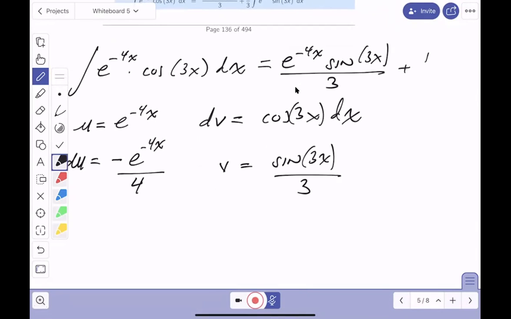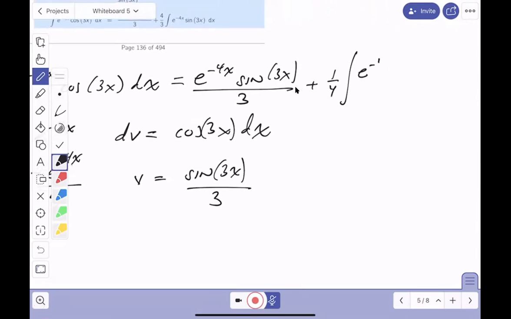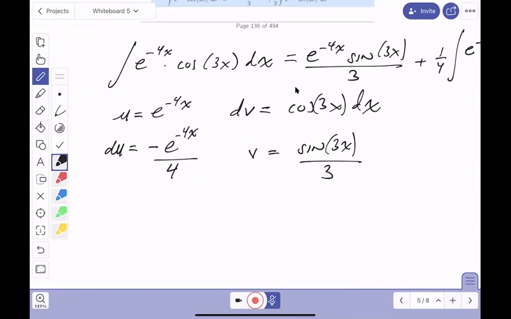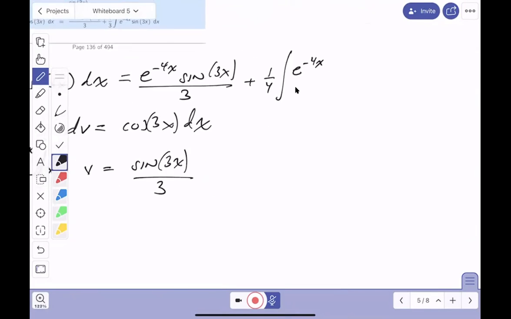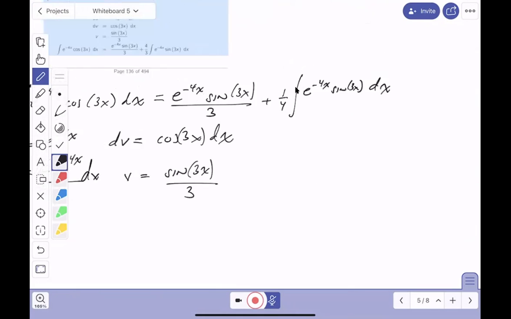And I'm going to say 1/4, and that's going to be e to the minus 4x. And then it's going to be cosine, I'm sorry, let me make sure, I forgot to put the dx here, sorry about that. And then that's going to be sine 3x over 3, right? Let's see, did I do that right?